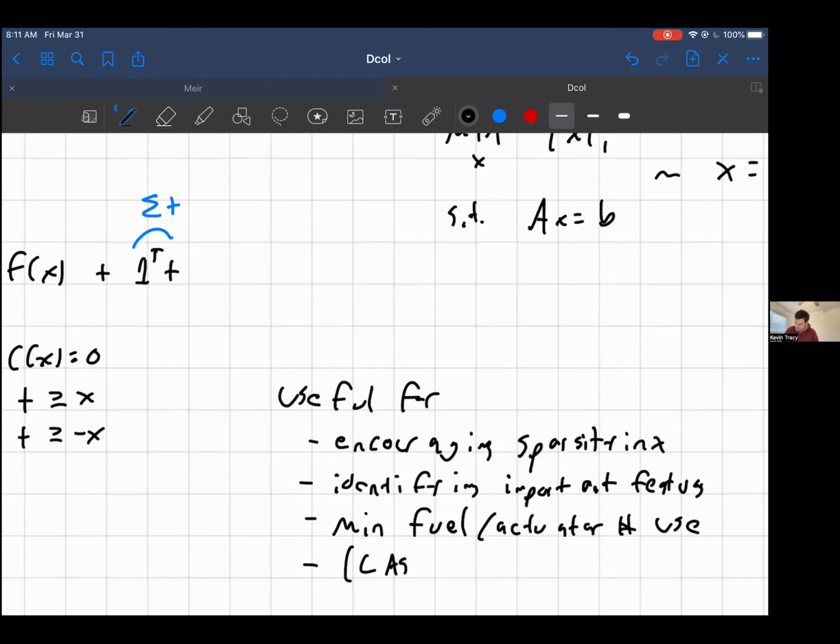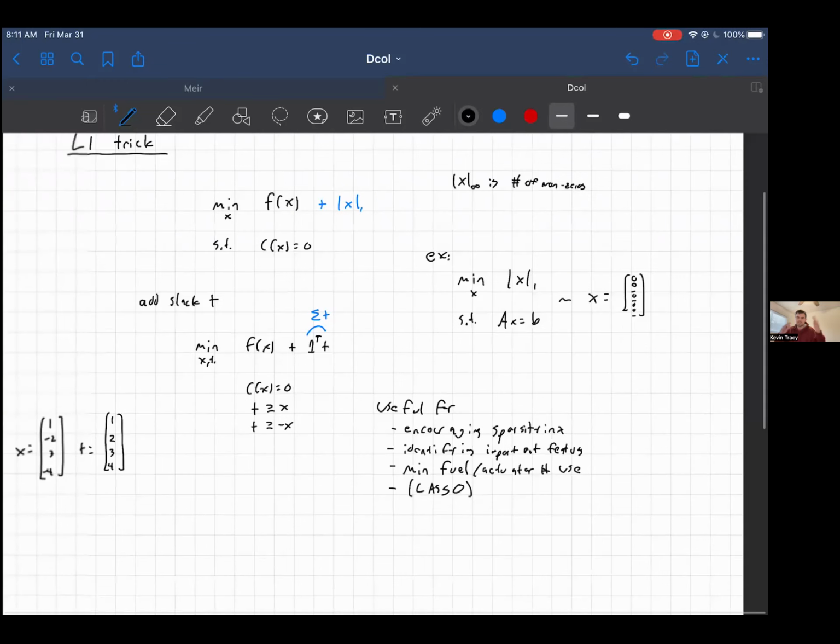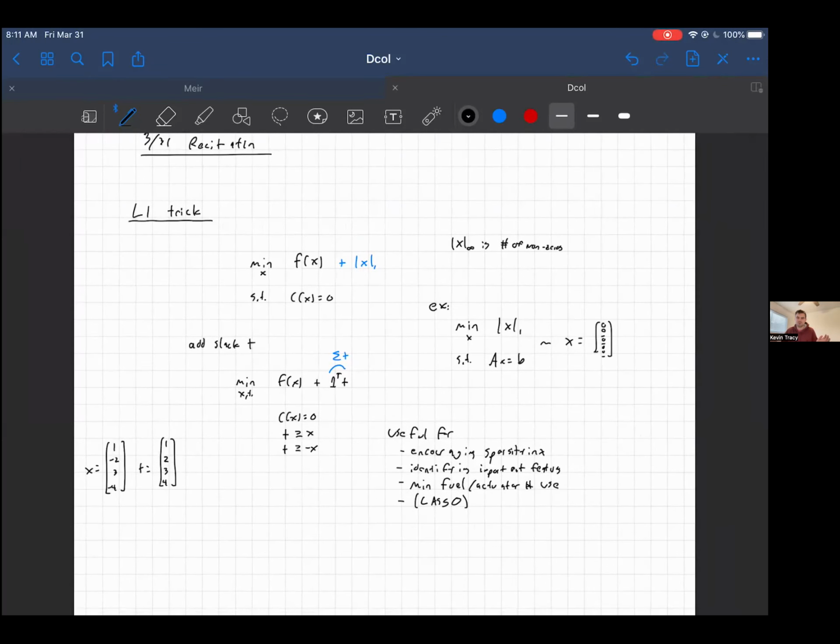And something to look up is the lasso problem, which is a stats thing. It basically has L1 regularization in the regression problem. So this is the L1 story. Definitely worth knowing, especially in controls.